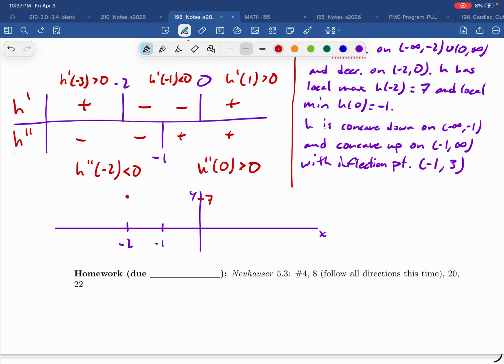And we know we have a min at 0. And we have an inflection point here. So if we just look at this right here, you see how that corresponds to this curve? Try a little bit nicer. There we go.